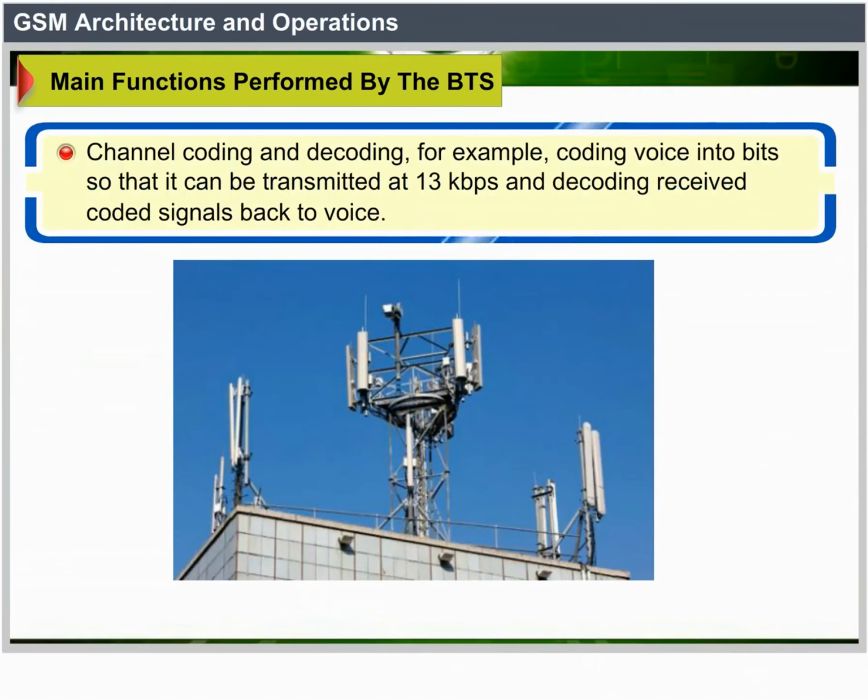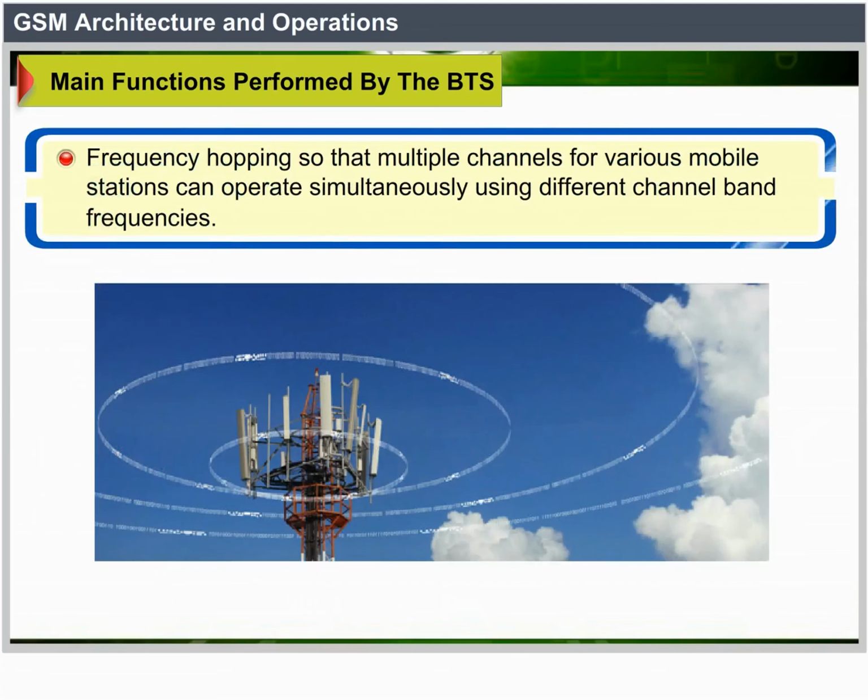Channel coding and decoding. For example, coding voice into bits so that it can be transmitted at 13 kbps and decoding received coded signals back to voice. Frequency hopping so that multiple channels for various mobile stations can operate simultaneously using different channel band frequencies.